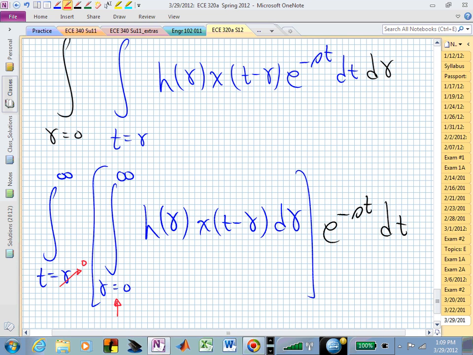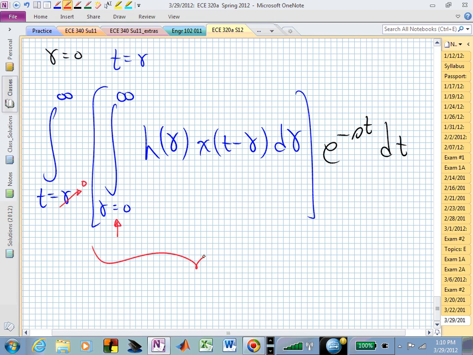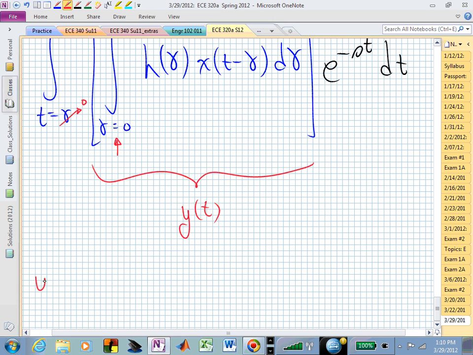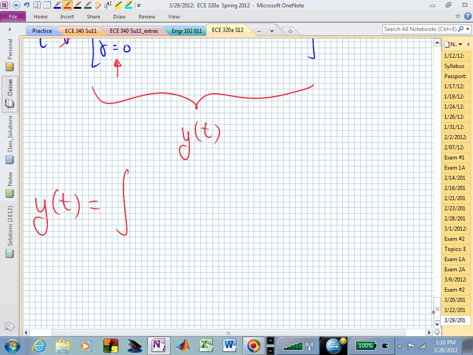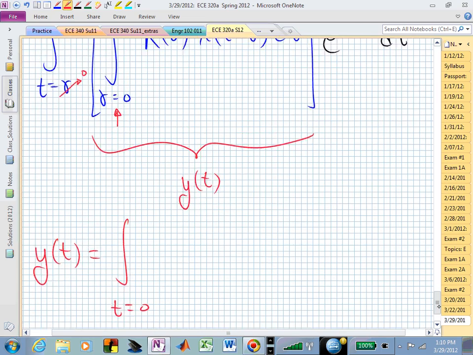And now I have my outer expression consistent with what the left-hand side was, and I can equate y of t with what's inside that blue bracketed expression.